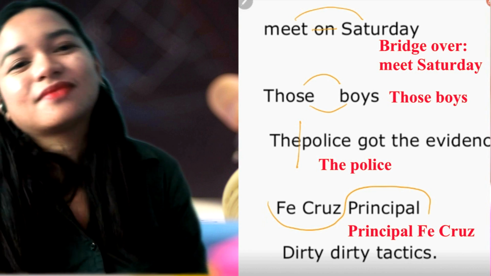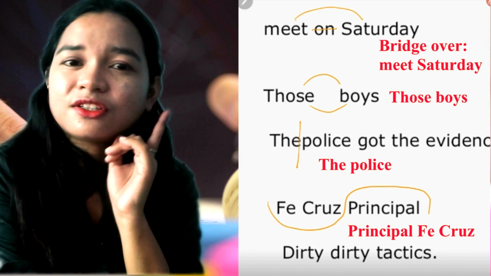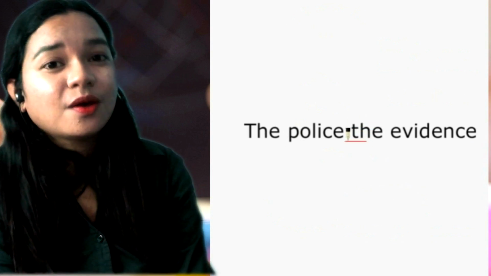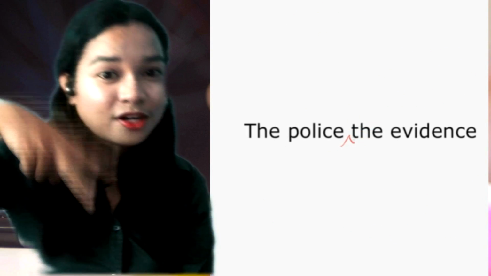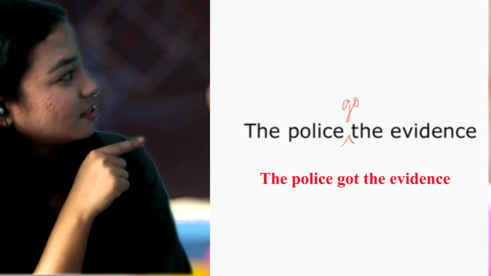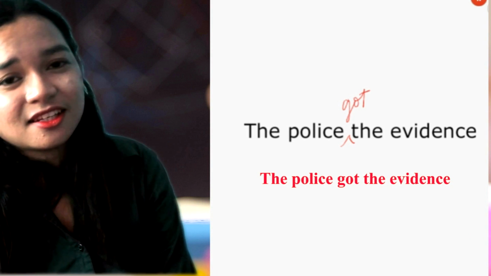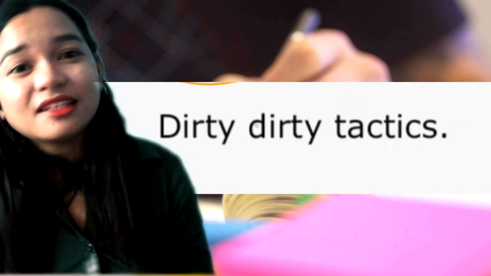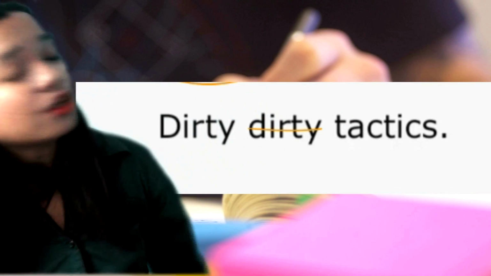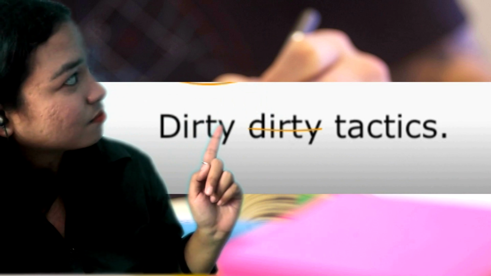Okay? Now if we need to insert a letter or a word, we can use again the inverted V and put the word just right above where you want to place it. Now if you want to delete a word, just slash it out, or you can use this symbol.